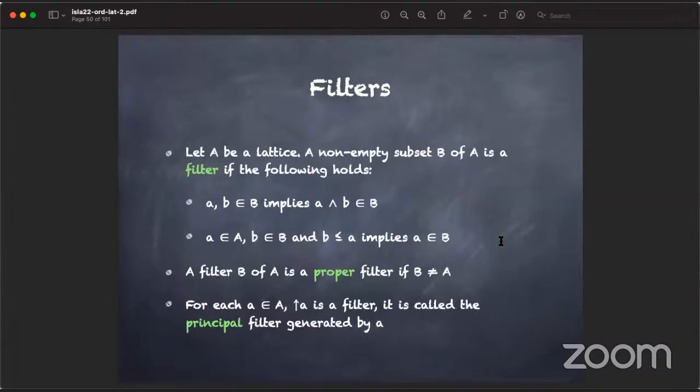I think you will get more details in the other lectures. I just wanted to introduce the term here. Don't worry if you do not understand completely the notion of ultrafilter. I'm sure you will get more discussion about it in subsequent lectures. Just note that it is nothing but a maximal filter.